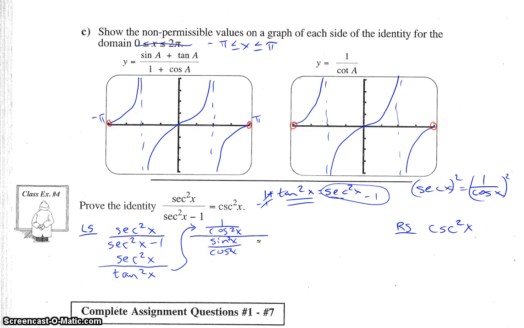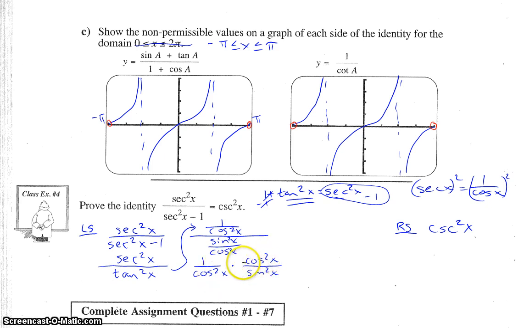That works if you're multiplying or dividing, does not work if you're adding or subtracting. Okay, so we are dividing by a fraction. How about we change that to multiply by the reciprocal? So 1 over cos squared, the numerator, times, flip the bottom, cos squared over sine squared.